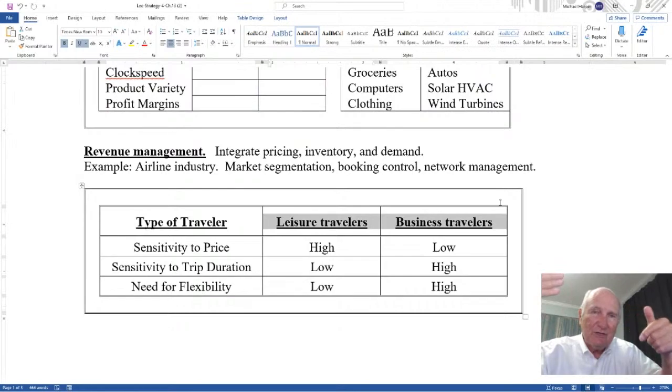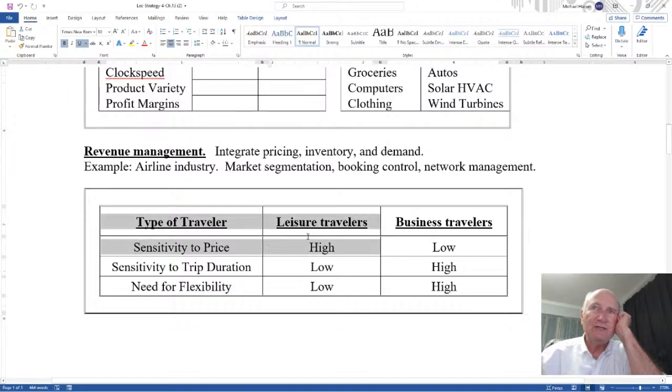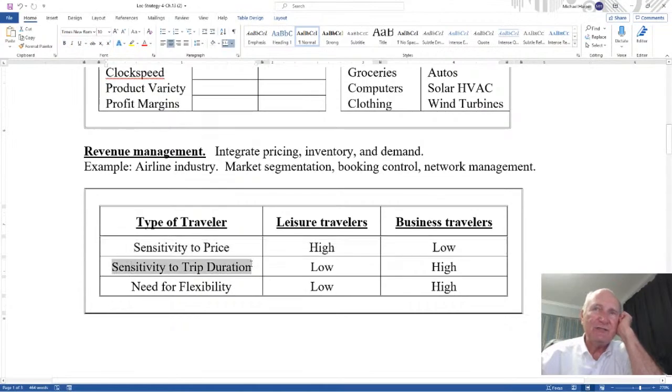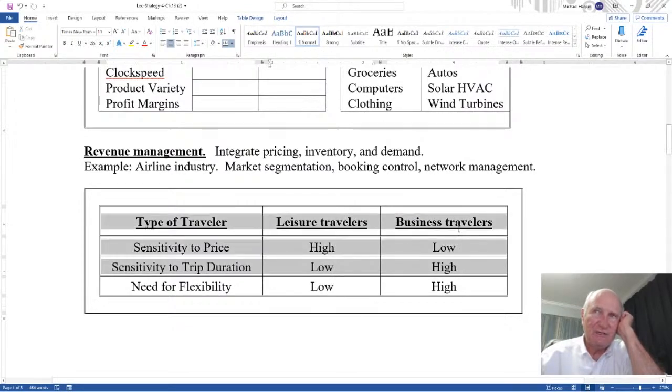So leisure is looking for low cost, business is high service, because they've got to get there and get back. Sensitivity to price: leisure is high, business is low. Don't care, the company's paying for it, right? Sensitivity to trip duration: low for leisure, we're on vacation, we'll take an extra day. For business, very high sensitivity to the duration.